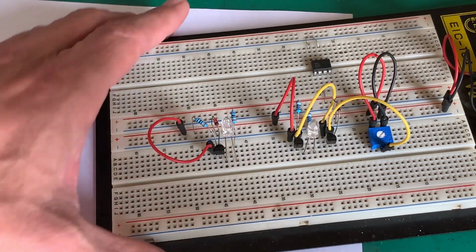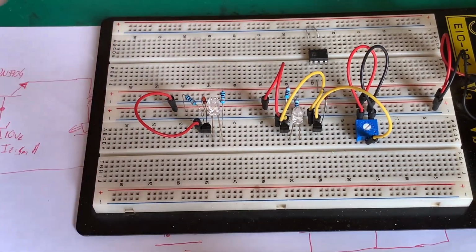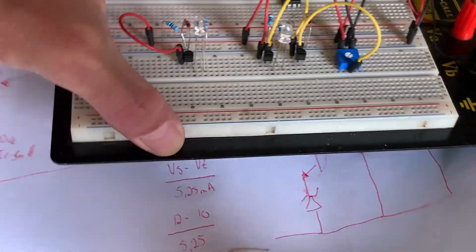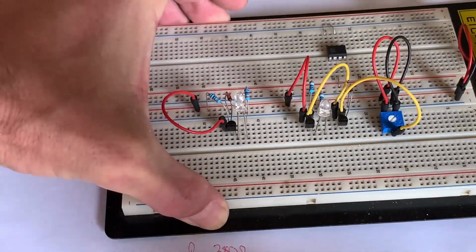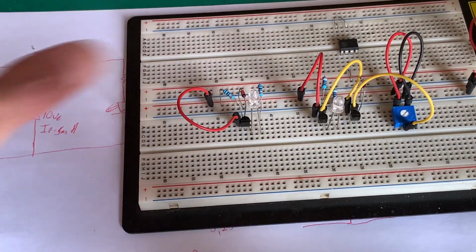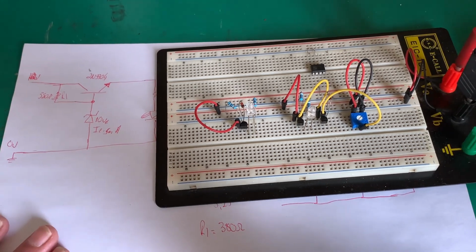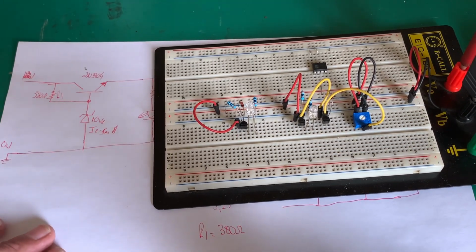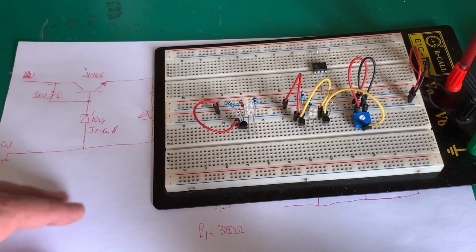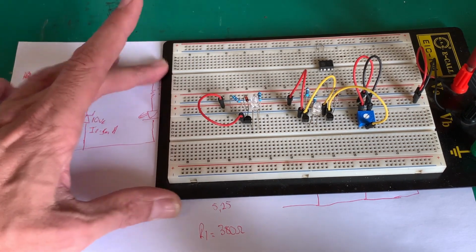If we just try and slide this underneath so you can see the circuit that I'm looking at. So let's just zoom out a little bit, like that. So there we go. That is our circuit.